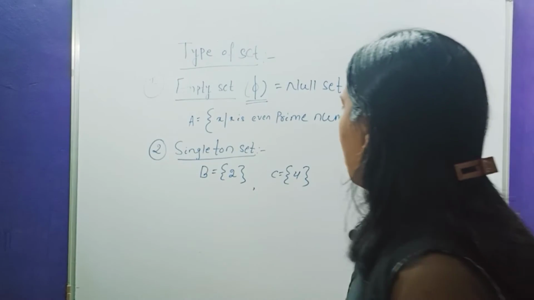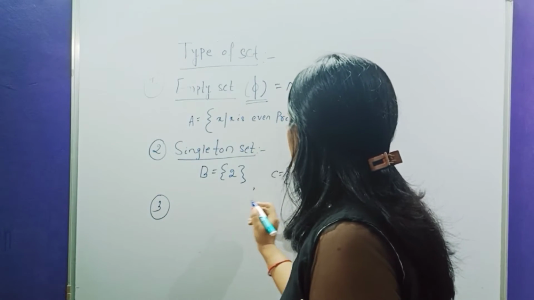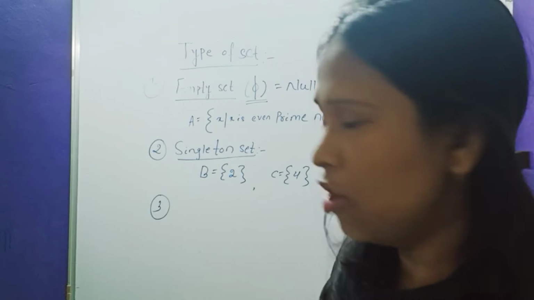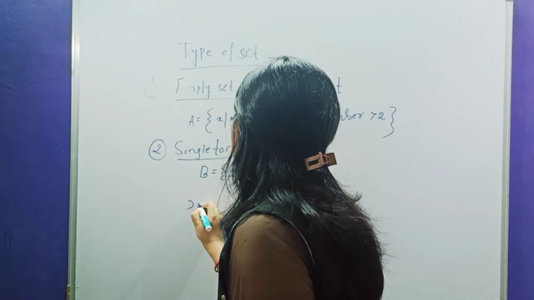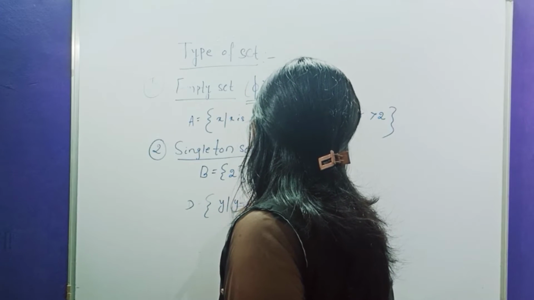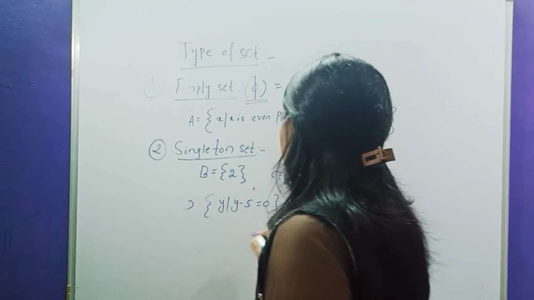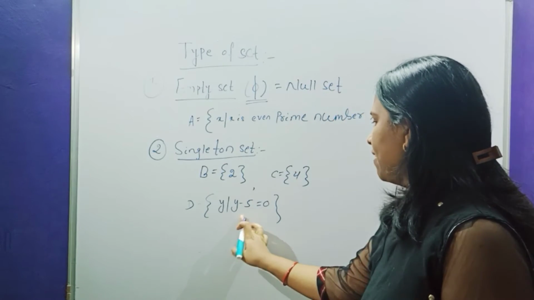Suppose I give one more example of a singleton set: set D, that is {y such that y minus 5 equals 0}. Is it a singleton set? We can check.